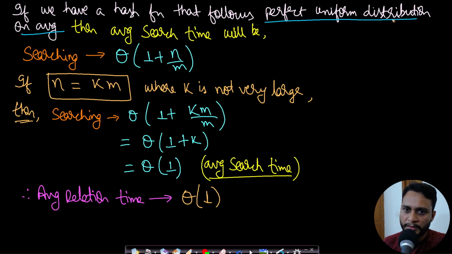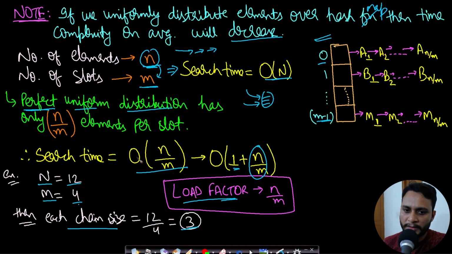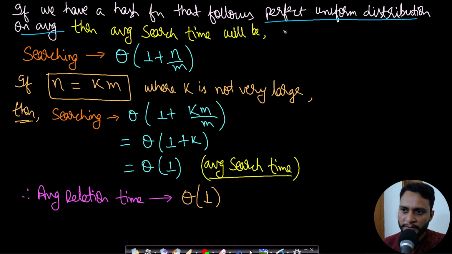So previously, if we were guaranteed that the hash function would give perfect uniform distribution, then the time complexity would be order of n by m, which is the worst case time complexity of search time. Now if we are given that on average we will get this perfect uniform distribution, then our time complexity will now not be worst case. It will not be worst case, but it will be average case.